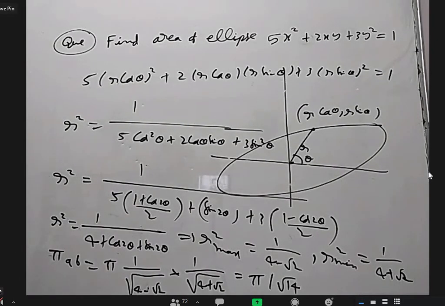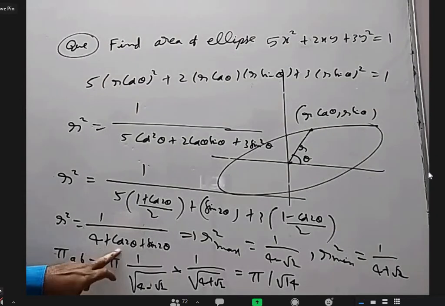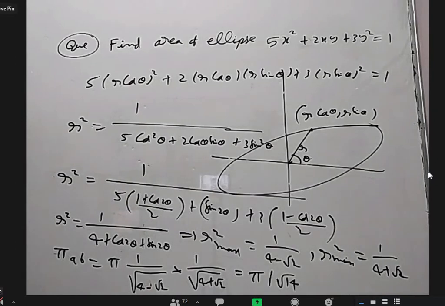Pi by 8, sir. Pi by 8, what will happen? Minimum or maximum? Maximum. The denominator is maximum, so R will be minimum. Yes. And what else, for the other one? R is okay, we already got it.